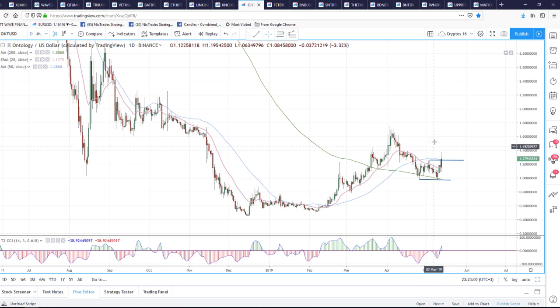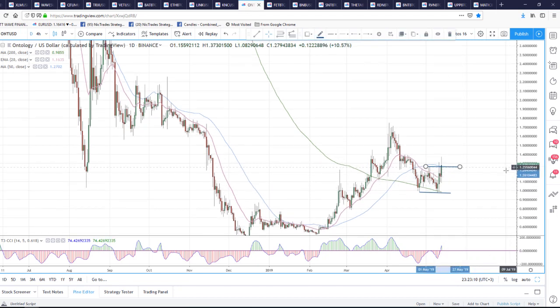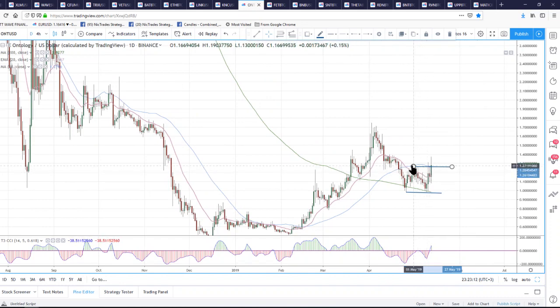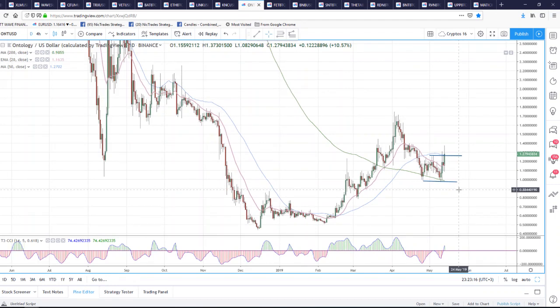So we should go twice this distance. So you shouldn't, if you buy this, have a big loser. So this looks like a nice bullish reversal. If we close back underneath this level, it won't be so bullish. We do really need to close above this horizontal level tonight. But if we do, then Ontology looks nice against the US dollar, really nice.